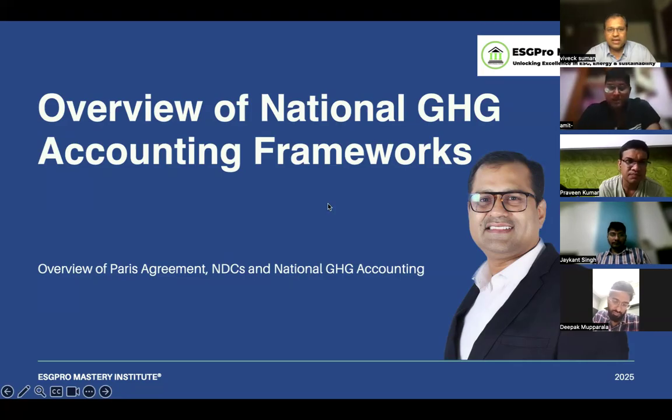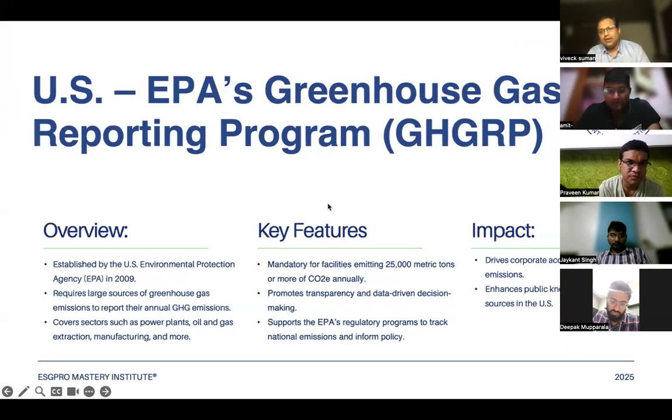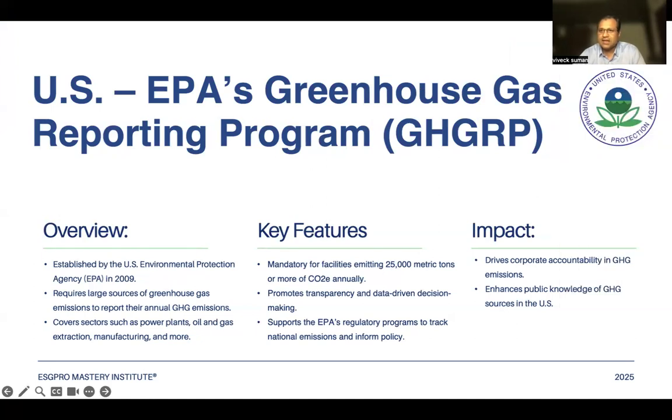Let's start looking into the US system. Now, the US has a system which has come through the EPA Greenhouse Gas Reporting Program. That Greenhouse Gas Reporting Program of the Environmental Protection Agency of the USA, which is a government entity, was established in 2009, and has created the GHGRP program.